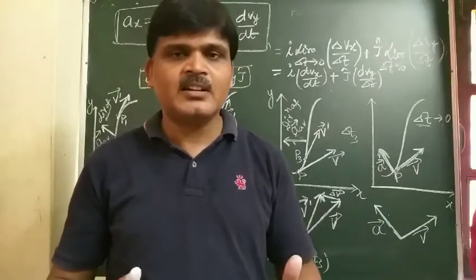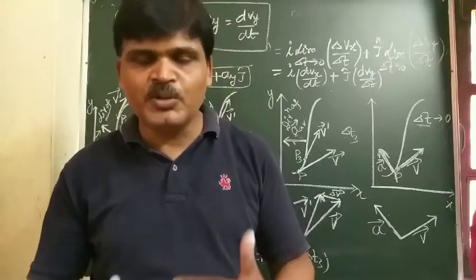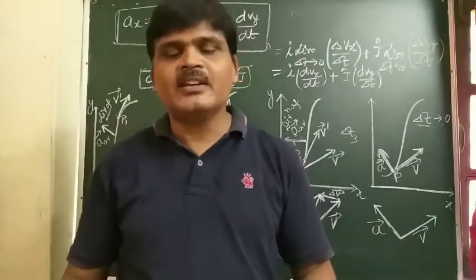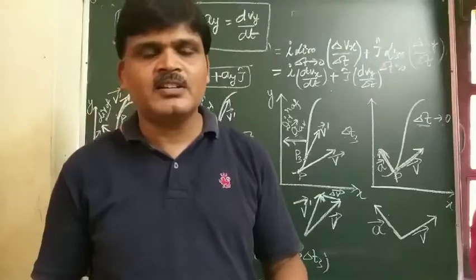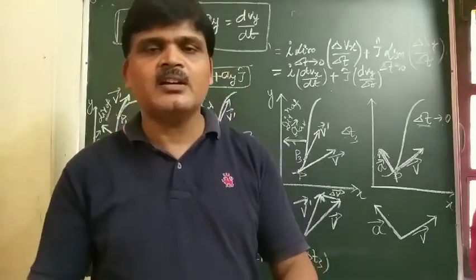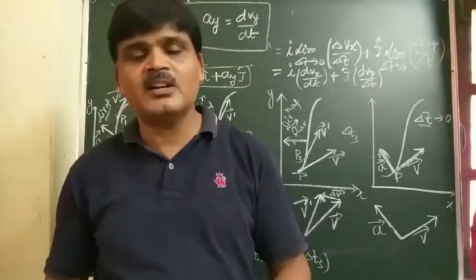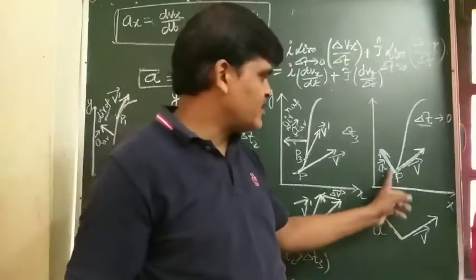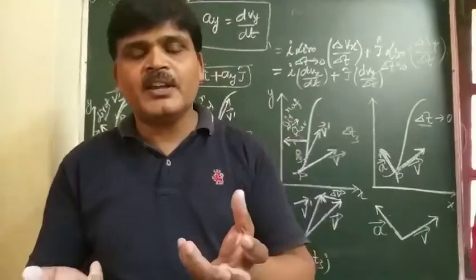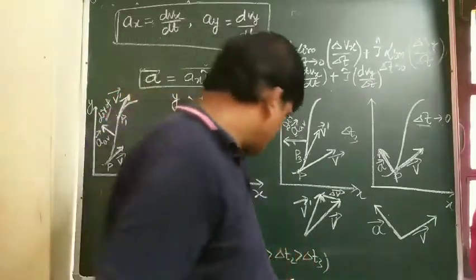It means both are in the same direction or both are in opposite directions. Whereas in 2-dimension or 3-dimension motion, the direction of acceleration and velocity may be at any angle between 0 degree to 180 degree.